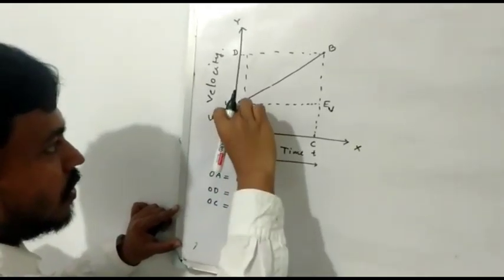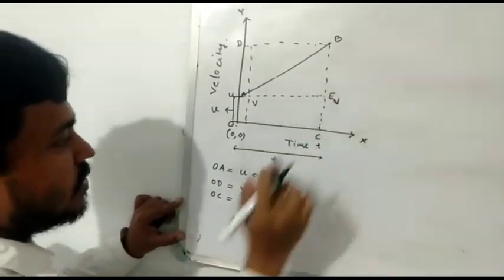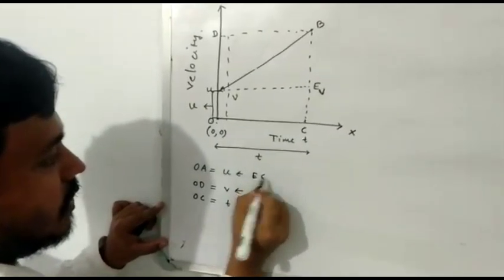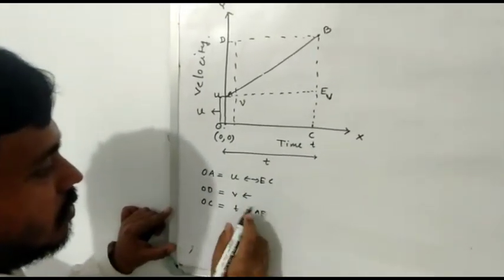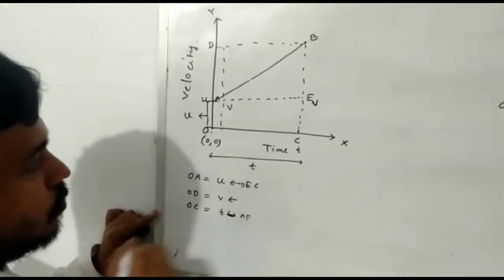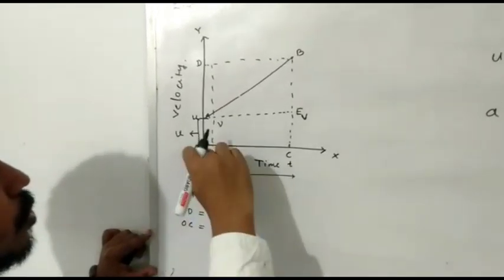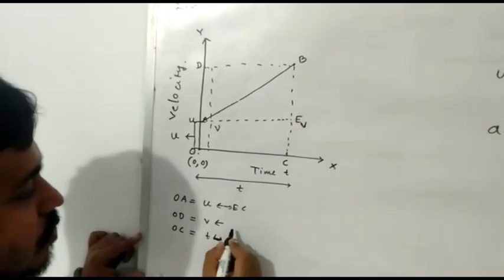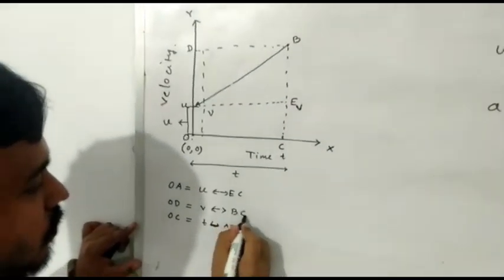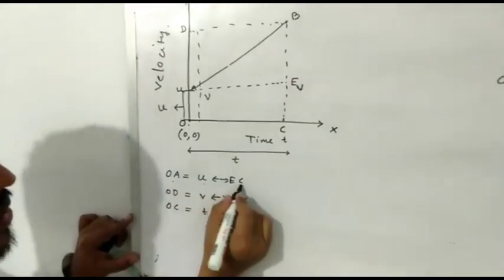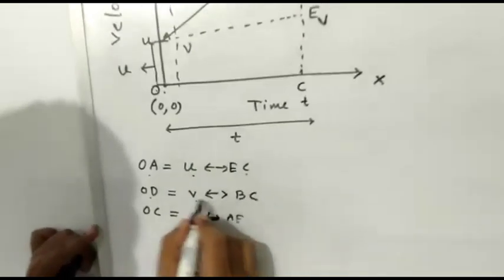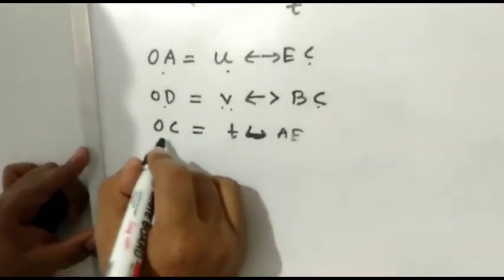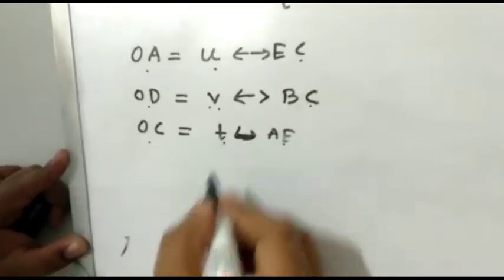If OA equal to u, EC is also u. And if OD equal to v, then BC is also v. So OA equal to u, EC equal to u, OD equal to v, BC equal to v, and OC equal to t, and AE also t.